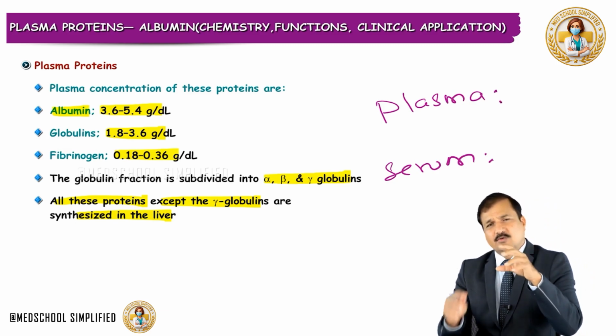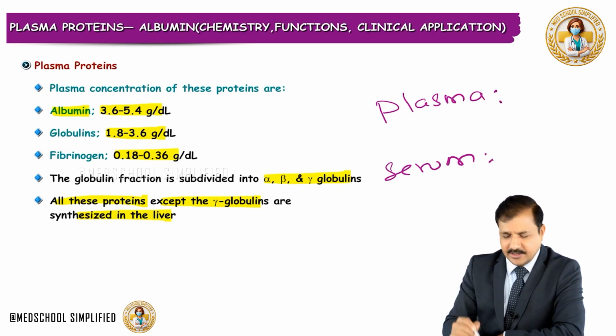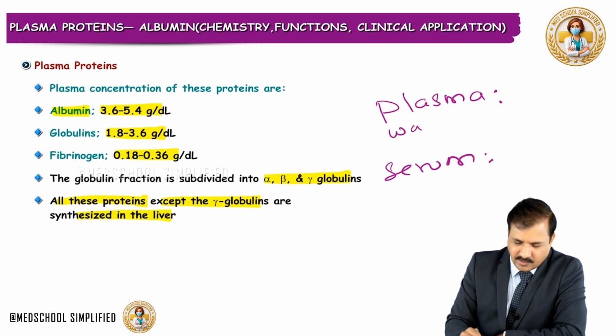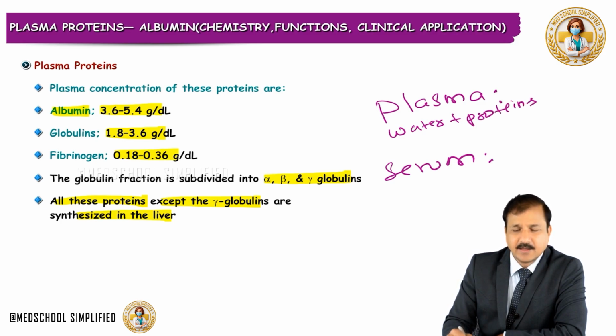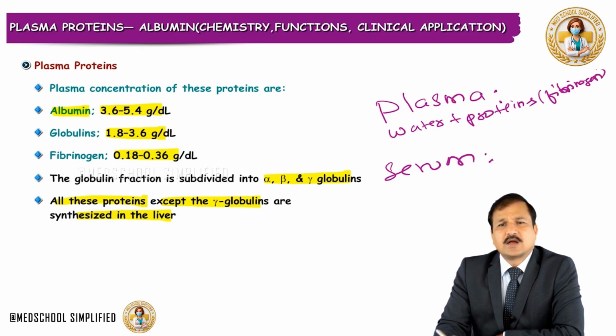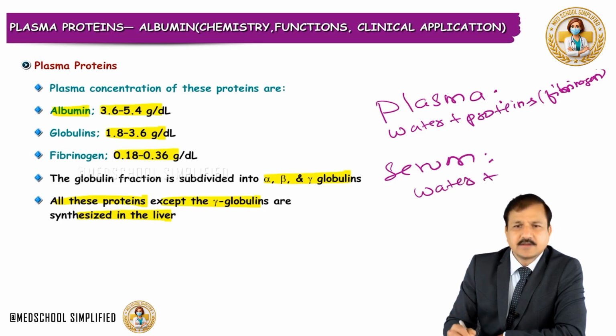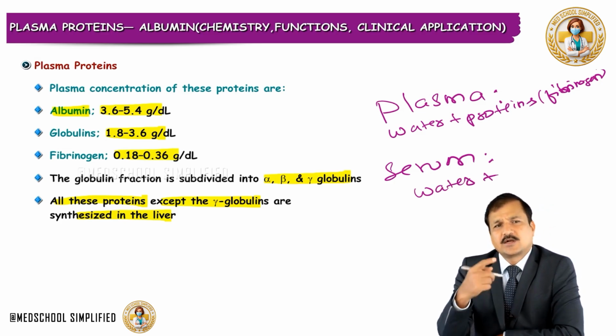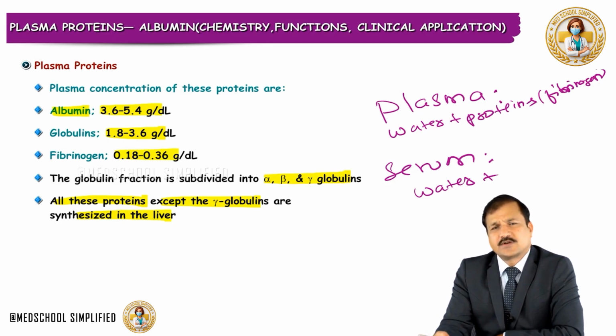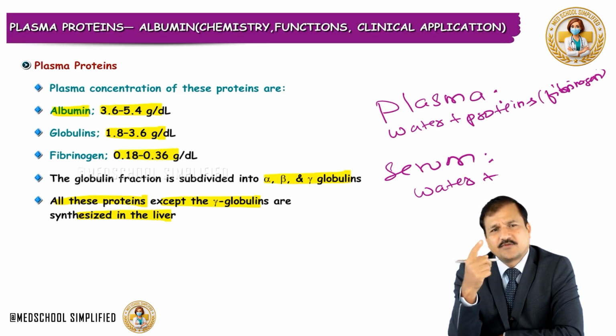Plasma is the watery part of the blood, including proteins. So it is water plus protein, including fibrinogen. Serum is the clear solution, that is water, remaining on top when a blood clot forms before centrifugation, and the supernatant no longer contains fibrinogen, and some other clotting factors are consumed as well in the clot formation.